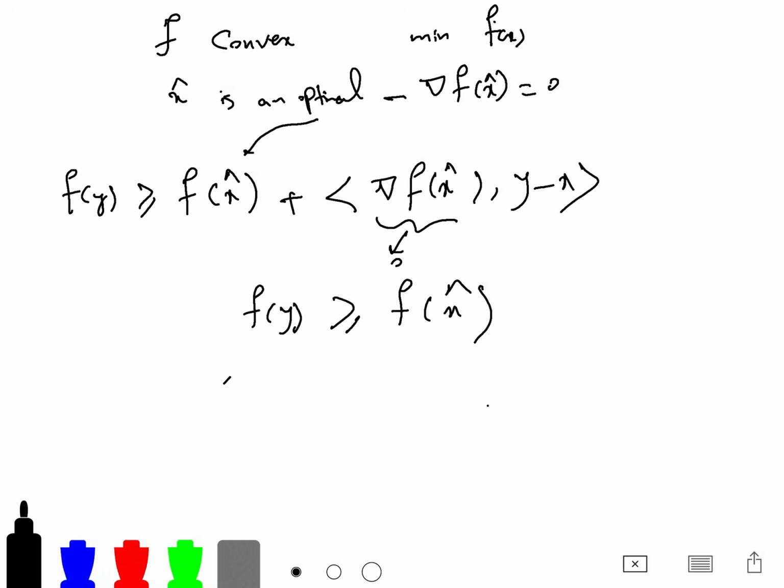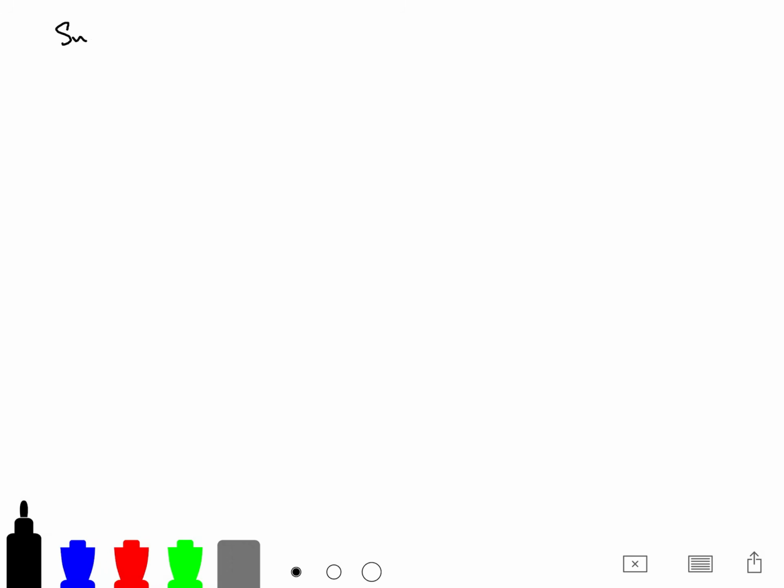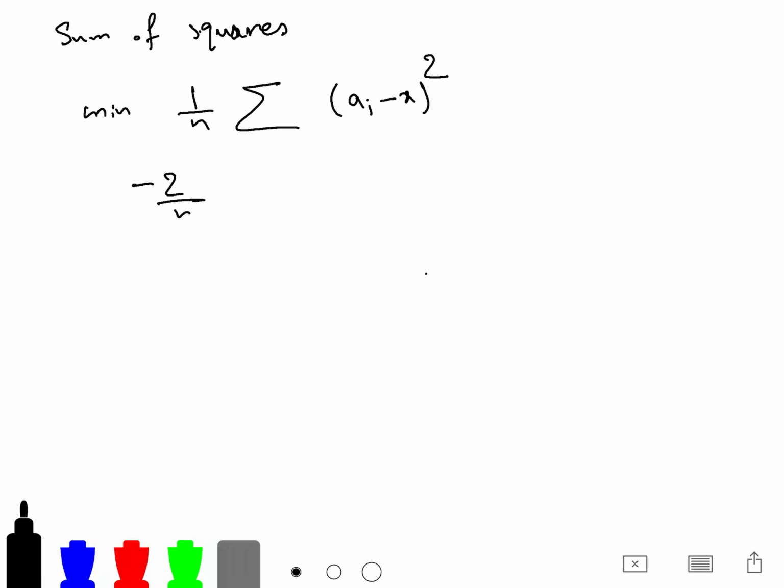Another example is the sum of squares. The goal is to minimize the sum of (a_i minus x) squared, and you take the derivative and find that the sum of (a_i minus x) is equal to 0.